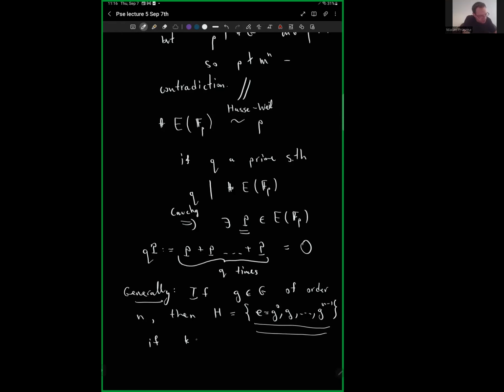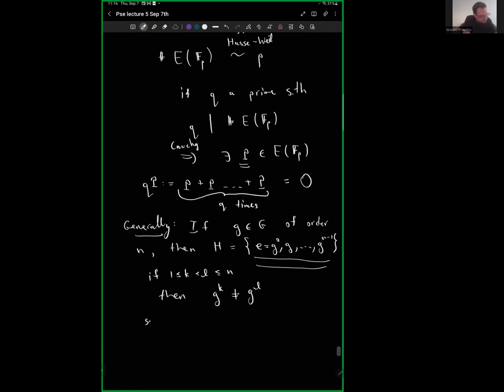If k and l are distinct and strictly smaller than n, then g^k cannot be equal to g^l, because otherwise g^(l minus k) would be equal to e, and so the order of g would be smaller or equal to l minus k, which is strictly smaller than n.